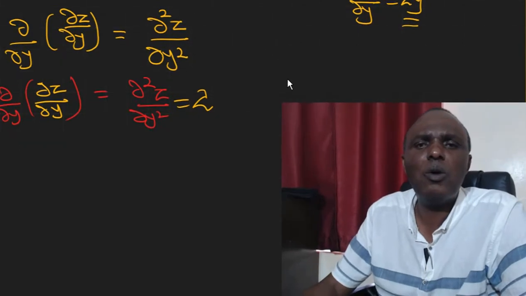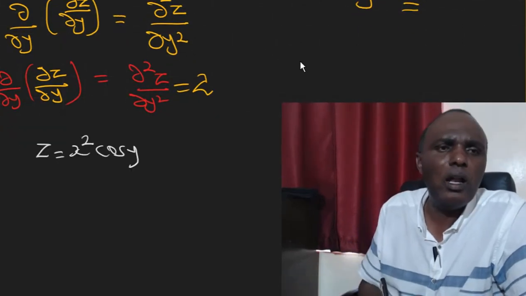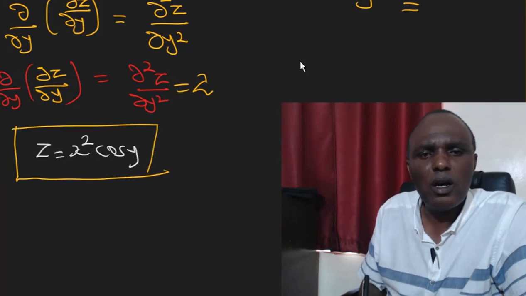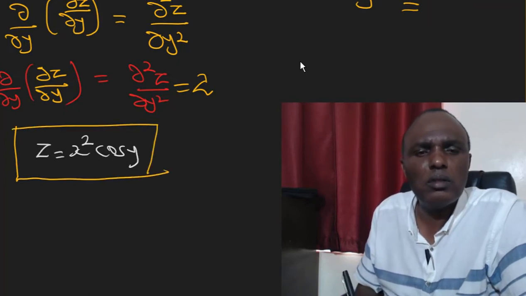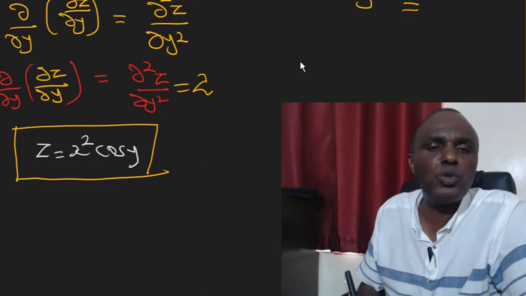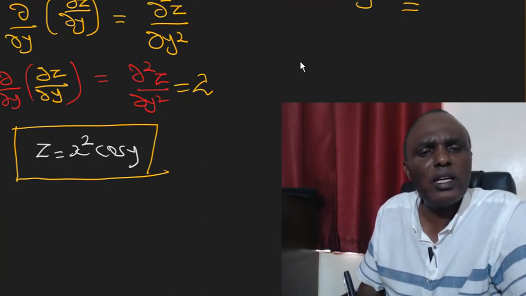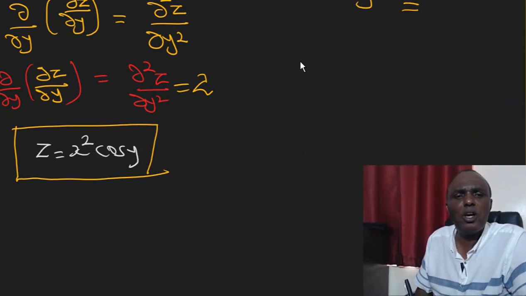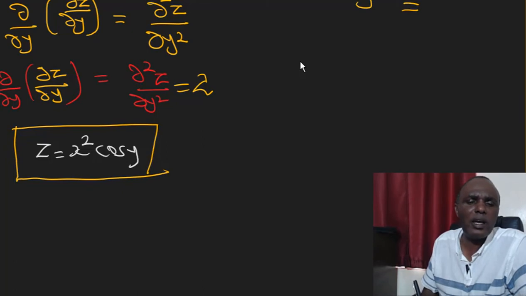Let us now go to our problem. Look at this problem. It involves partial differentiation, because we have 3 variables, that is z, x, and y. So we are going to differentiate z with respect to x when we are keeping y constant, and then we differentiate z with respect to y when we are keeping x constant.